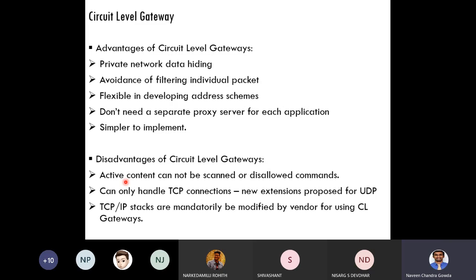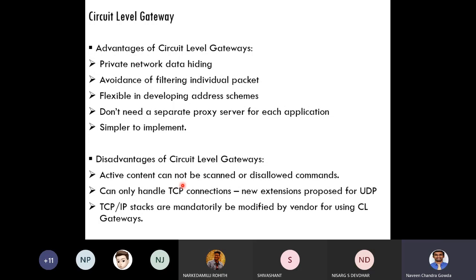In that TCP header, based on the acknowledgement number and sequence number, it makes a decision whether it is a control segment or a data segment. If it is a data segment, then the acknowledgement number should be the next number compared to the sequence number. Those decisions cannot be handled by the CLG, the circuit level gateway.